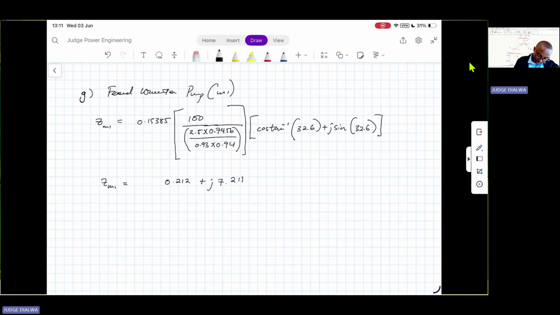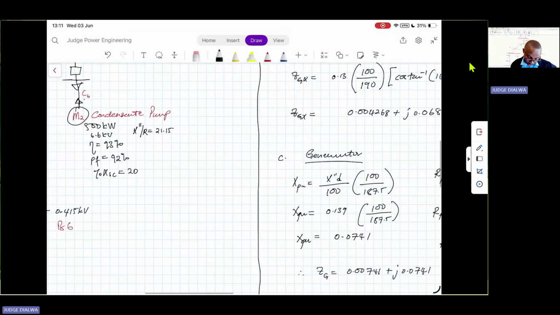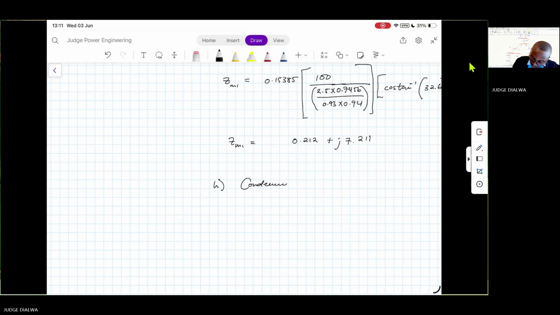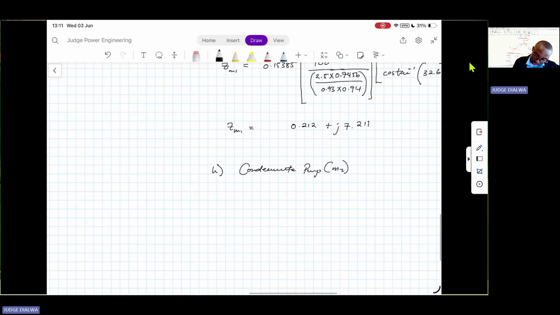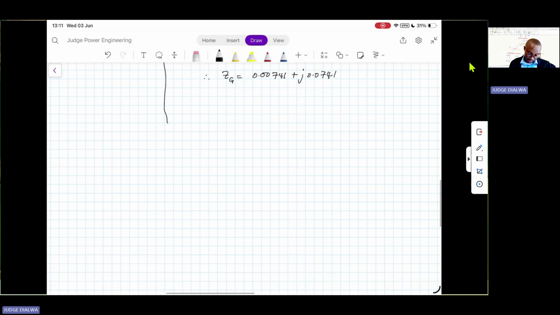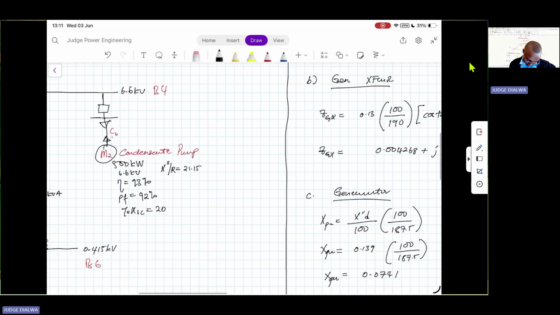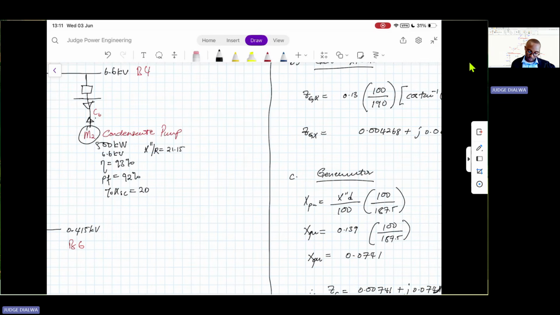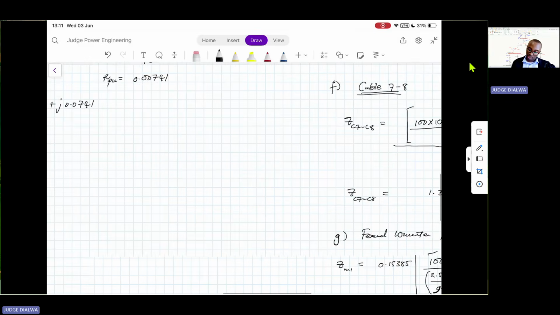Right. Then now we'll move on to our second motor, the condensate pump motor, or motor 2. So the equivalent impedance would then be: we have a short circuit reactance of 20%, X over R ratio of 21.15. It's a 500 kilowatt rated pump with an efficiency of 93% and a power factor of 92%.